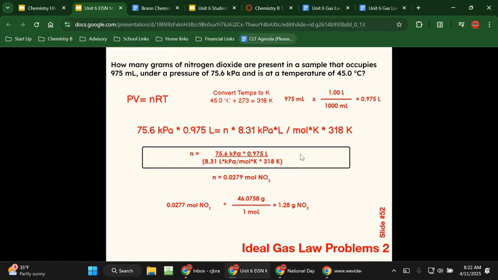Add them together, 46.0758. Again, moles and moles cancel. I am left with grams. Grams of NO2 should have come up around 1.28 if my math is correct there. Questions?